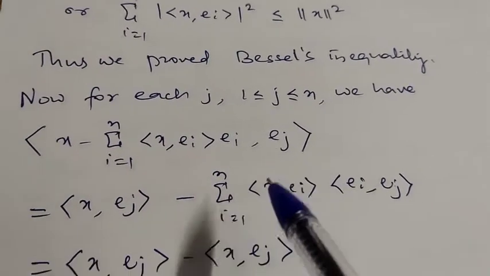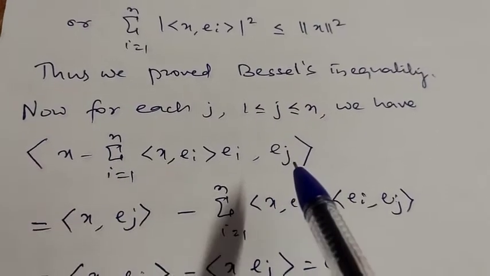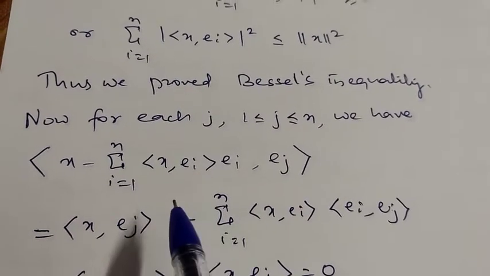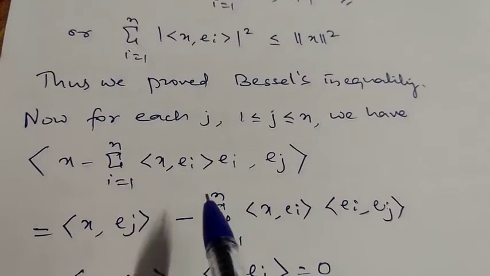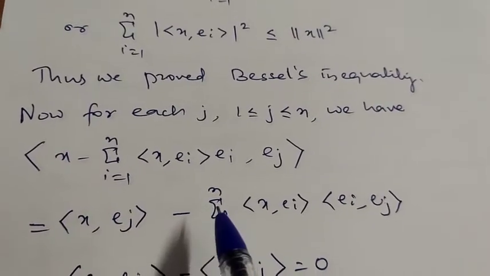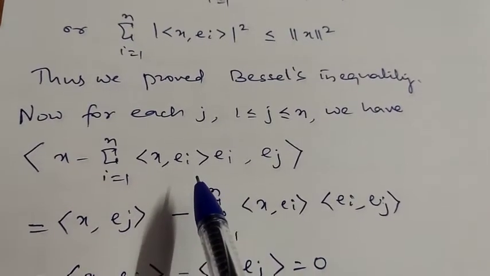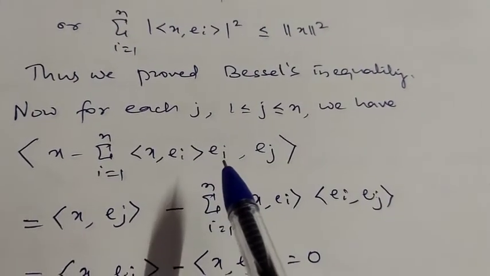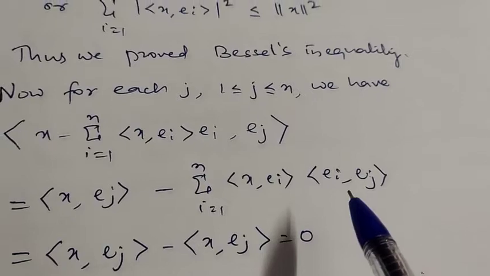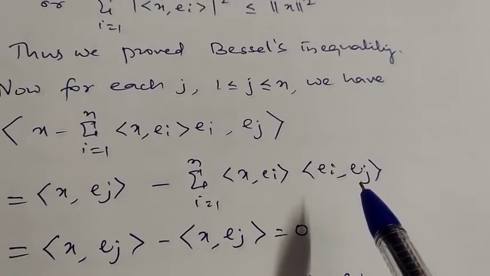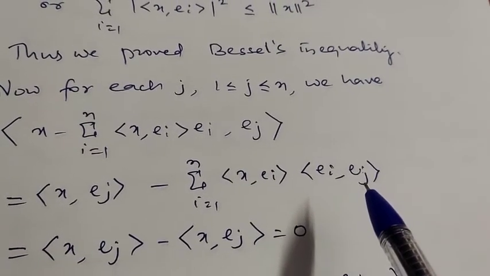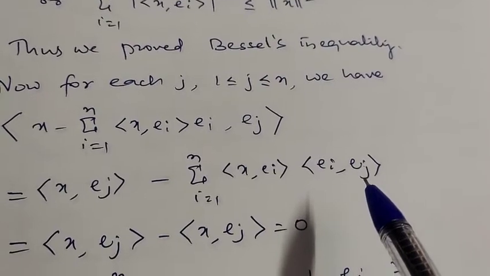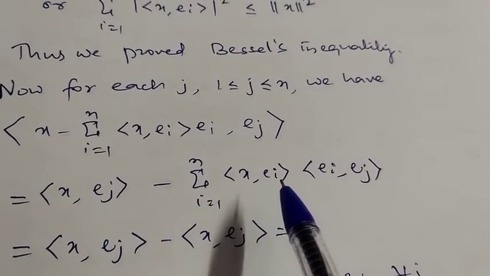You take this inner product, this is equal to (x comma ej) minus, so this is in the first term itself, minus summation i equal to 1 to n of (x comma ei), this is a scalar that we can take outside of the inner product, into (ei comma ej). Again ei comma ej means when i is equal to j, its value is 1, for other it is 0, therefore it becomes (x comma ej).